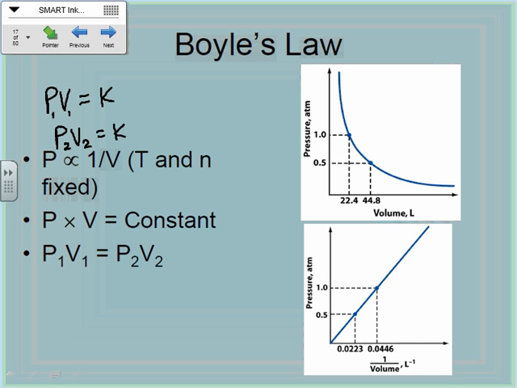If they're both equal to K, then they're both equal to each other, and so you end up with P1 V1 equals P2 V2, all right? So that's Boyle's Law, P1 V1 equals P2 V2.